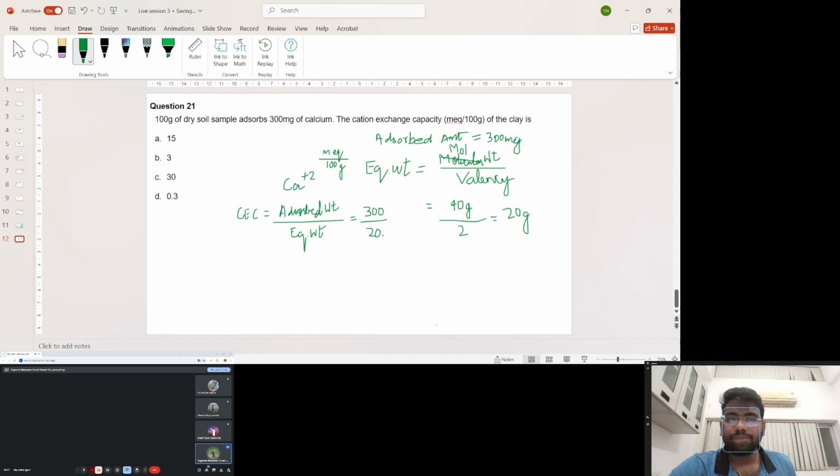So what will you get? 15 milli equivalents, for how many grams of dry soil? 100 grams of soil. So this is how cation exchange capacity is calculated.